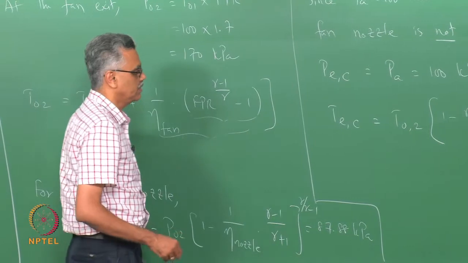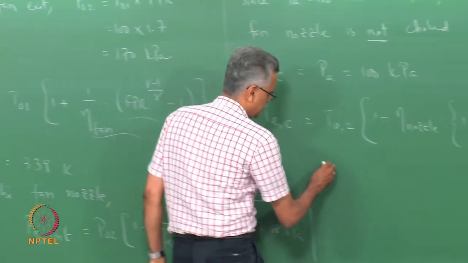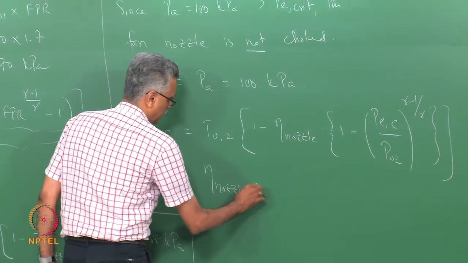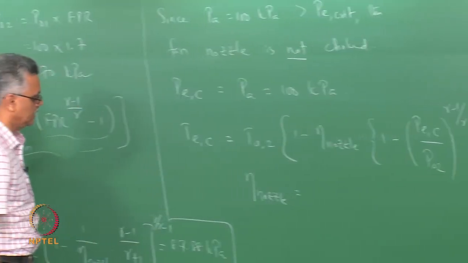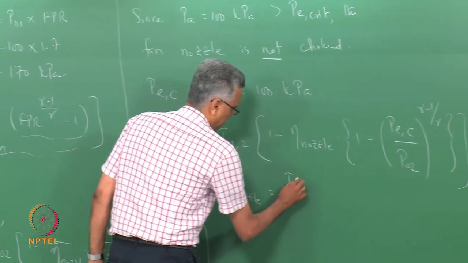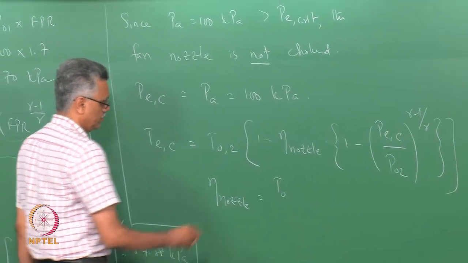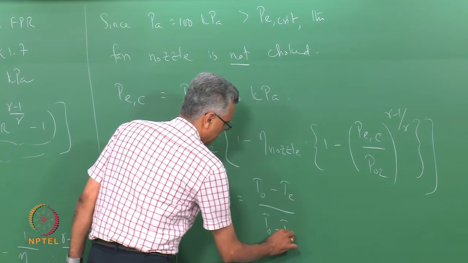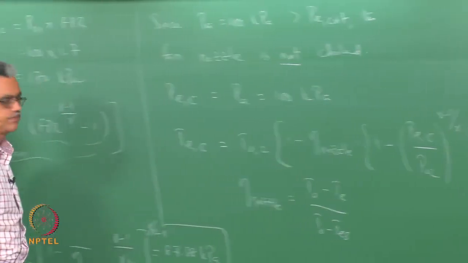Okay. Remember the expression for nozzle efficiency itself, we wrote this down as T0 minus TE divided by T0 minus TES, correct.